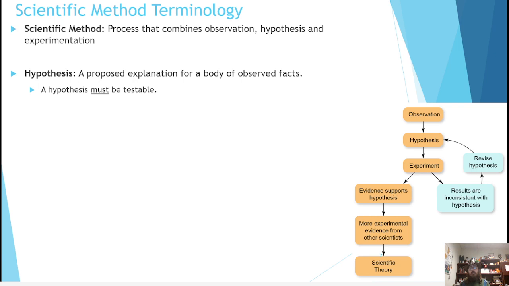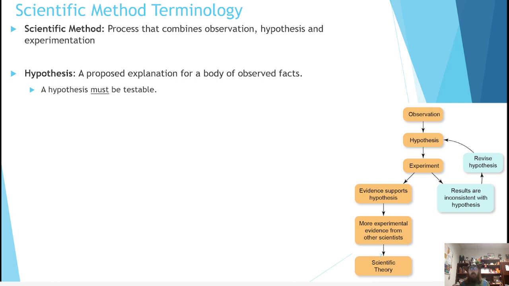I mean, there's shades of gray, but either the evidence supports the hypothesis or the results are inconsistent with the hypothesis. More often than not, the results are inconsistent, whether it's even partially right or all wrong. We need to revise our hypothesis to match what we have.